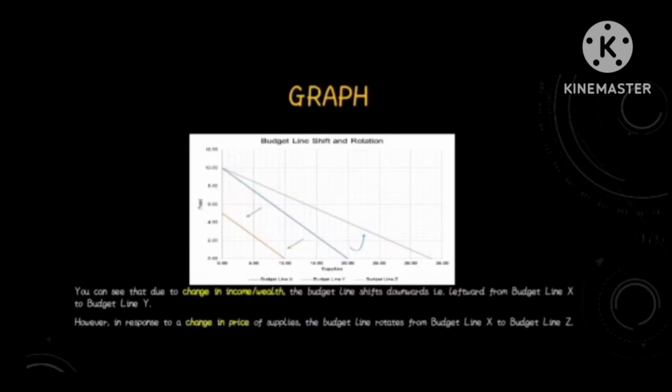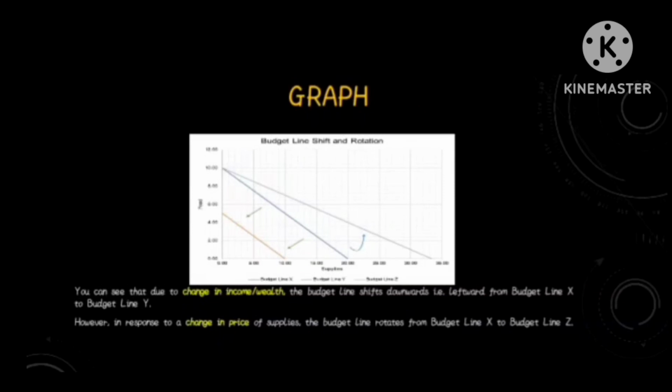So let's see where the budget line shifts and where the budget line rotates. On the x-axis there are the supplies, and on the y-axis food commodities. Budget line number 1 is budget line X, number 2 is budget line Y, and number 3 shows budget line Z. These are the three budget lines.